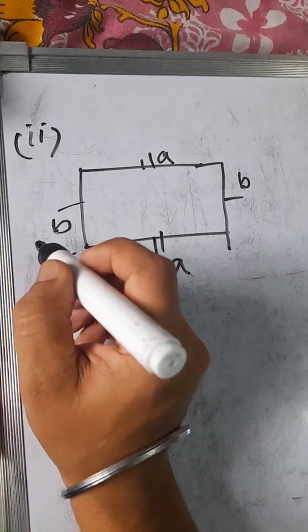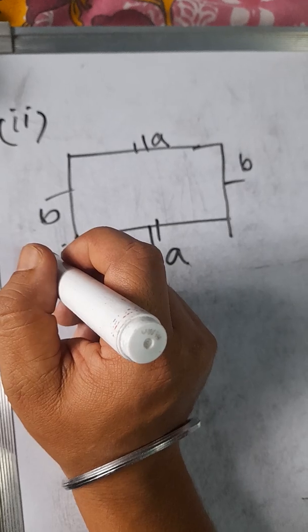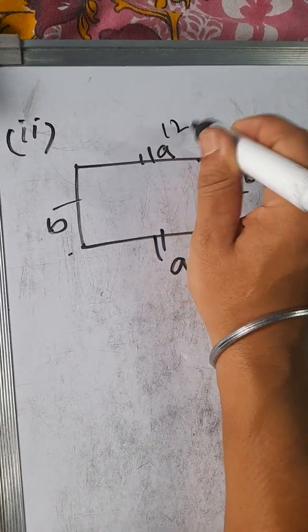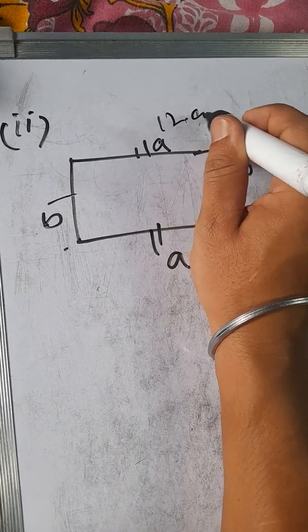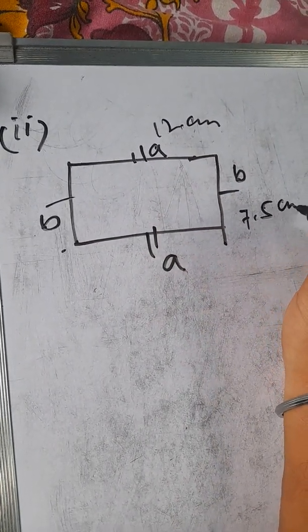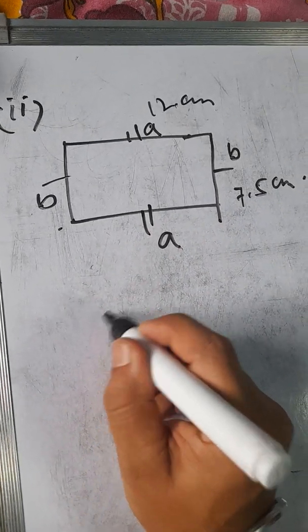The length is 12 centimeters and the breadth is 7.5 centimeters. So we can make it 12 centimeters here and 7.5 centimeters here.